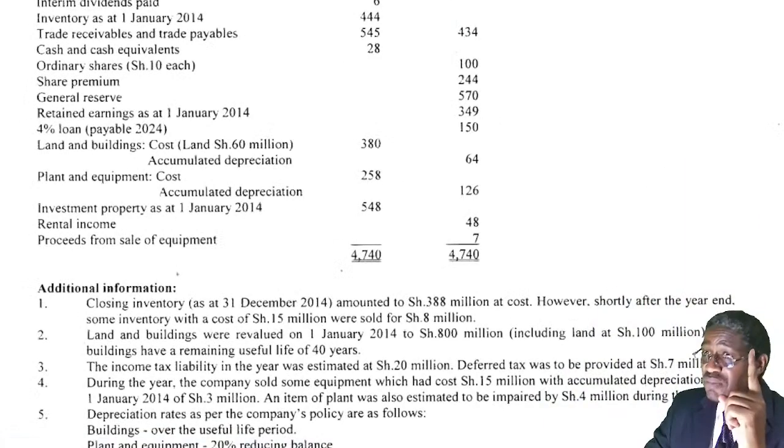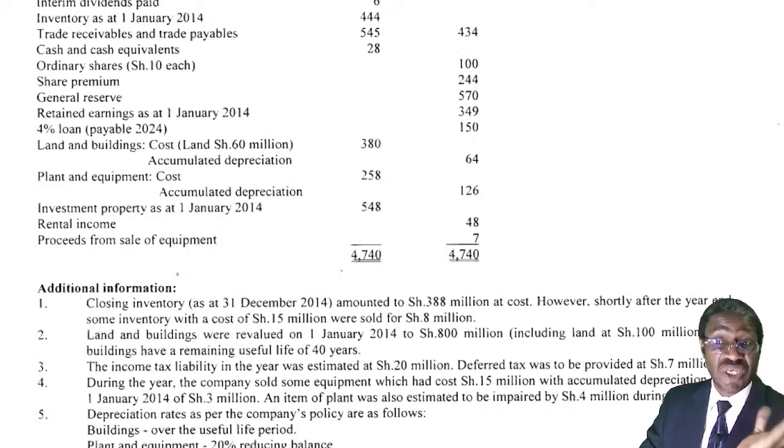If you look at the same trial balance, you are given land and buildings, cost is 380. Then below that, you are given the accumulated depreciation. It is obvious the examiner wanted you to know that accumulated depreciation is not for land. We normally don't depreciate land.